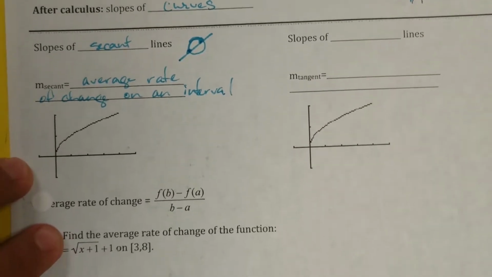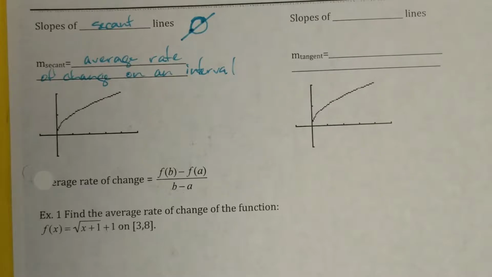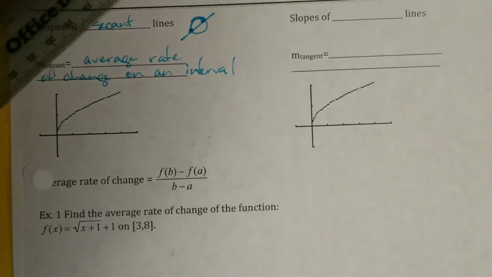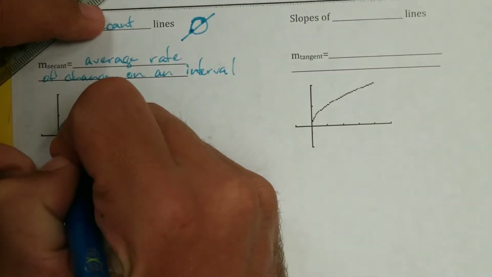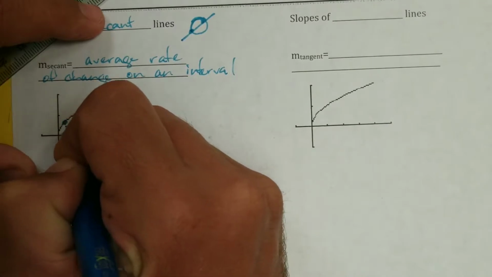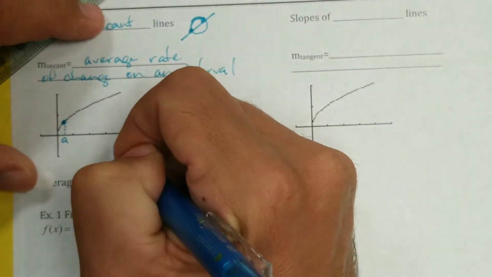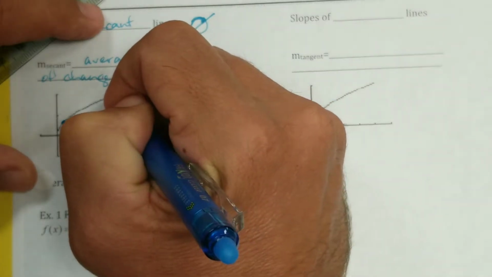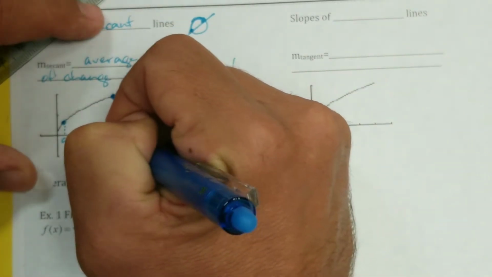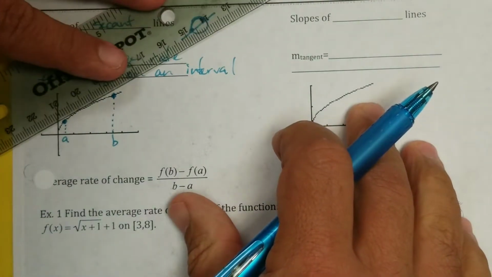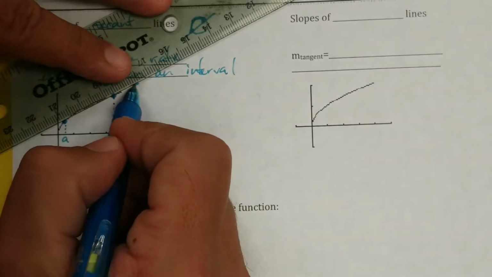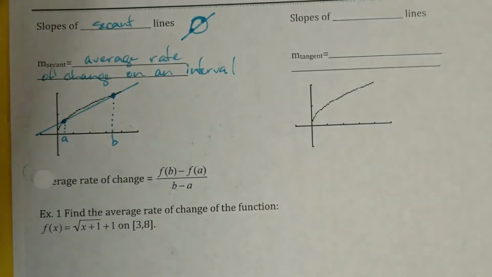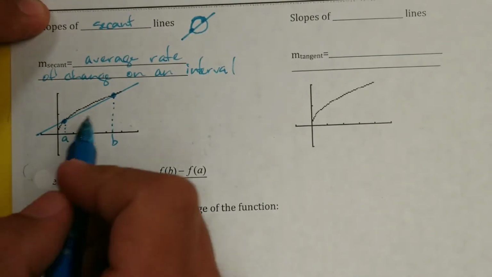So for example, let me grab a ruler real quick. If I want to know the average rate of change from, we'll call this from A to B, then I would use a secant line right there, and I would find the slope of that secant going through those two values on the curve.